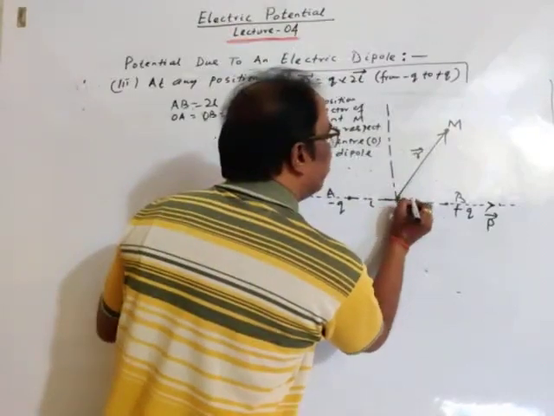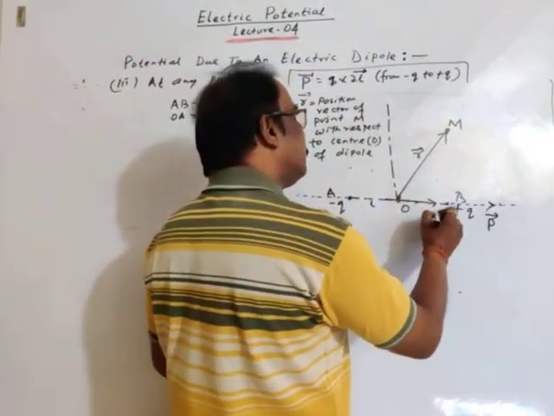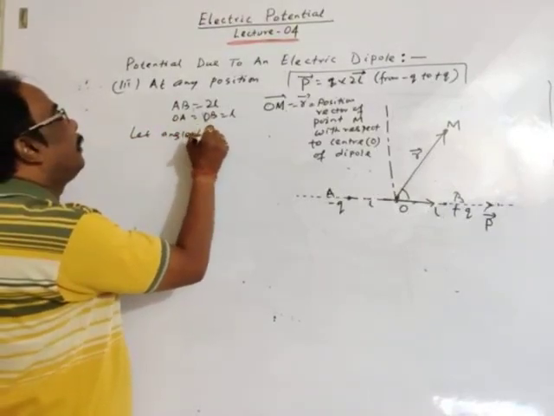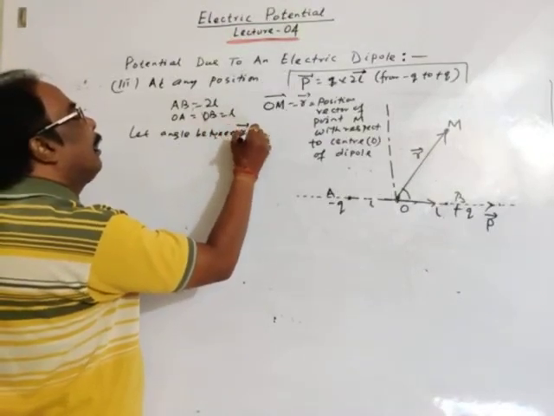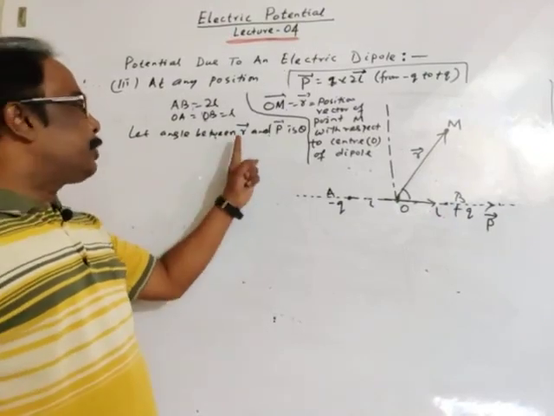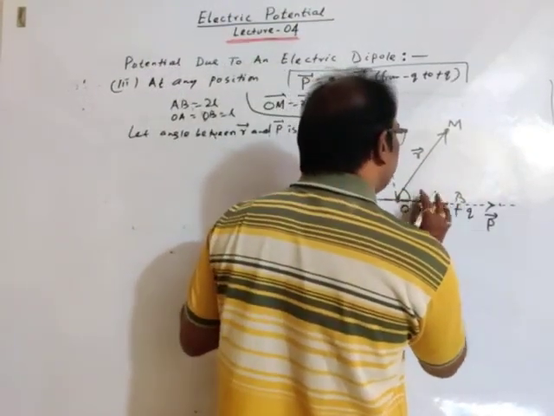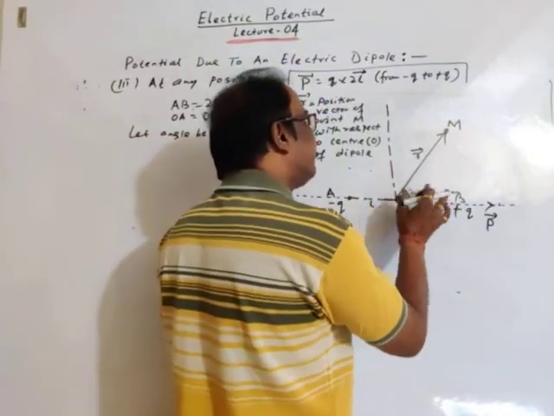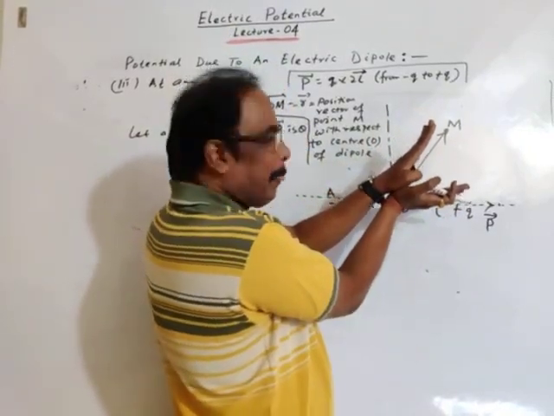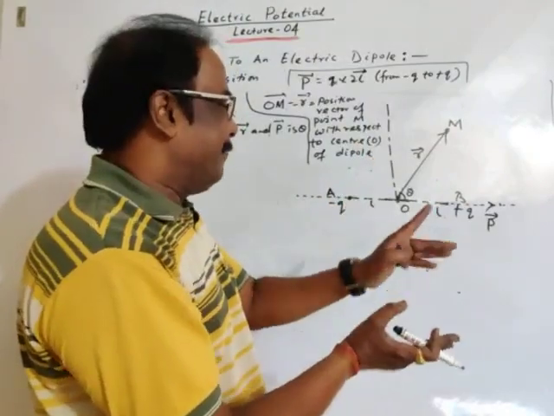This is the direction of the position vector and this is the direction of the dipole moment. The angle between them is theta.